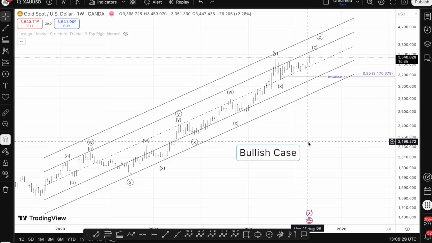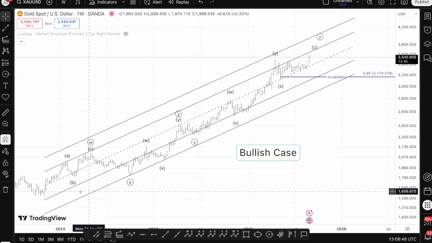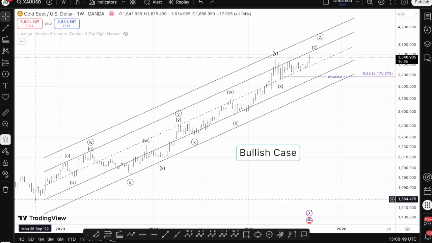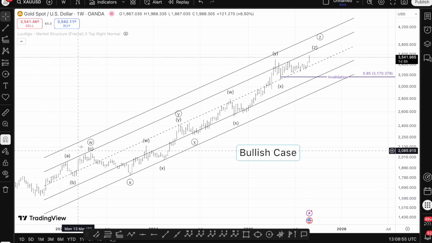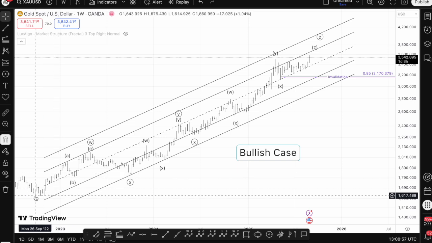Alright, so let's talk about the midterm potentials and scenarios on the weekly chart. Based on our previous counts and analysis, which were included in another video previously, this was our count, right? So we see this move from this bottom right here, at $1,614.